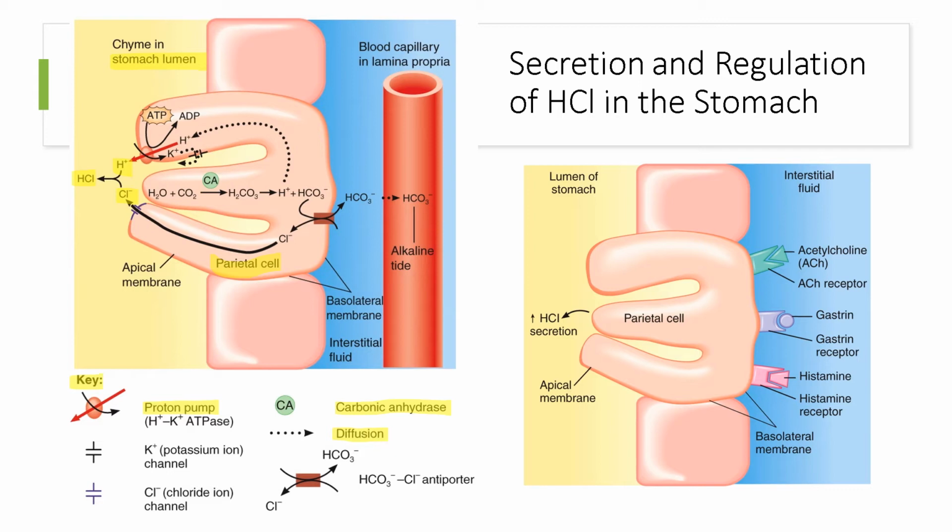These little channels are slightly different colors. The top one is black; this is a potassium ion channel. The bottom one looks kind of purple; this is the chloride ion channel. And then our last thing here, this brown box with arrows through it, is a bicarbonate-chloride antiporter.